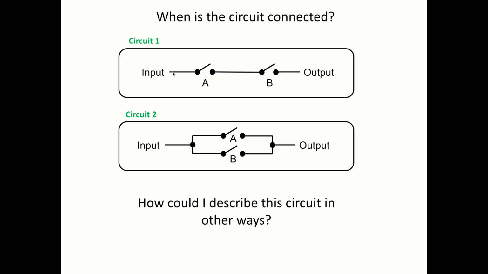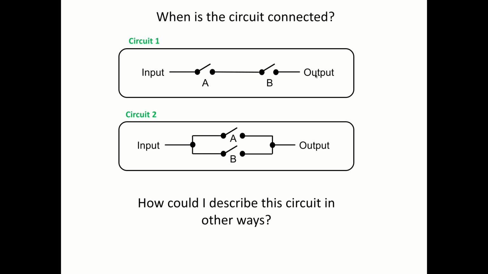Now, supposing that electricity wants to flow through this circuit, and maybe it's connected to a light bulb or something like that, we can see that in this circuit, if switch A is open, then no electricity is going to flow because it can't get past A. And if switch B is open, then no electricity is going to flow because it can't get past B. If you want to get electricity to flow from the input to the output, then you've got to have both switches closed.